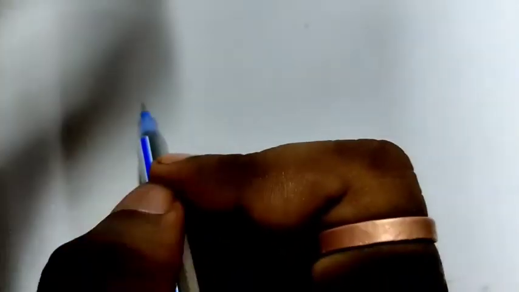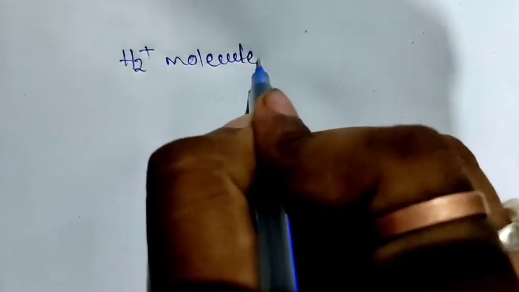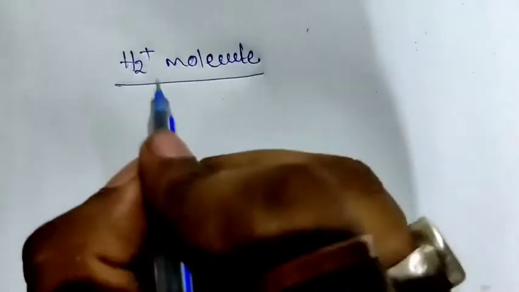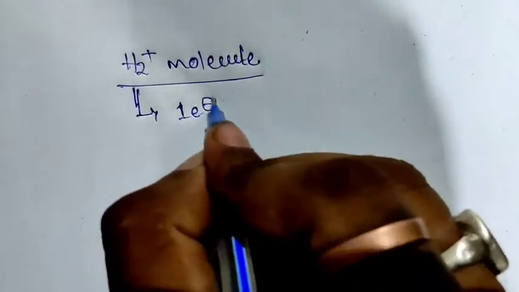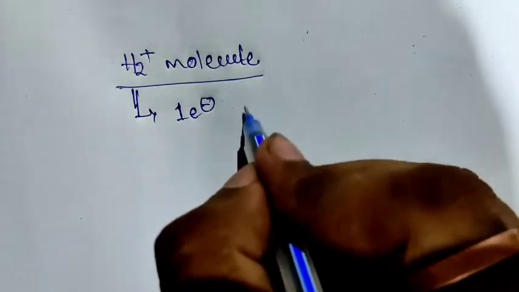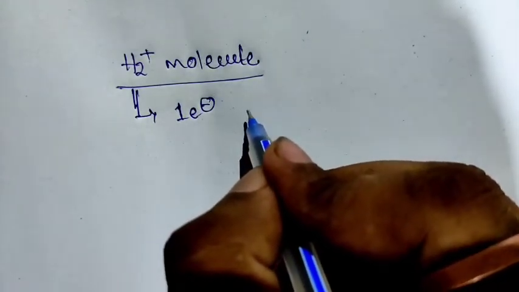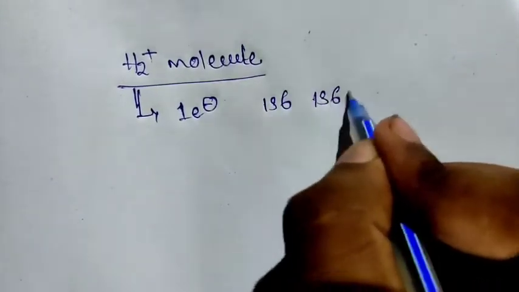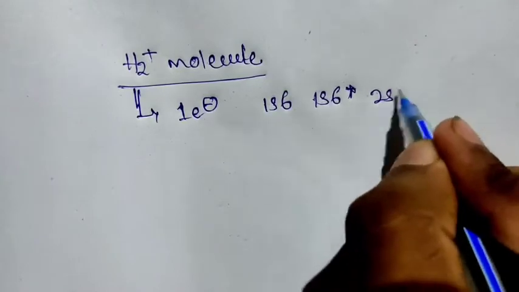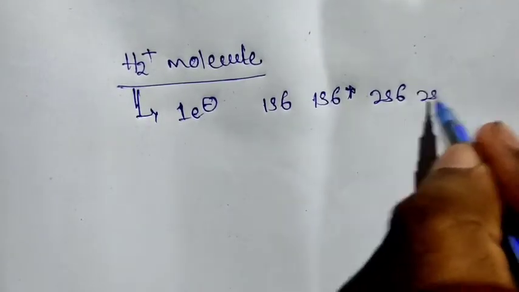To understand better, let's do some examples. Let's consider the H2 plus molecule. We know that the H2 plus molecule has a total of 1 electron. This 1 electron will be arranged in the molecular orbitals: 1s bonding, 1s anti-bonding, 2s bonding, 2s anti-bonding.